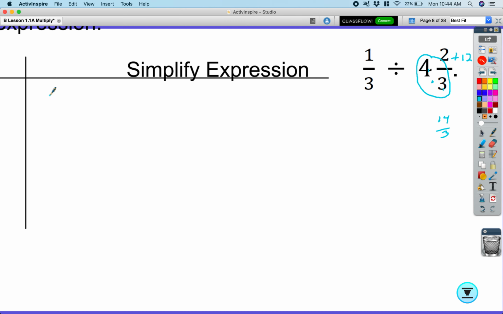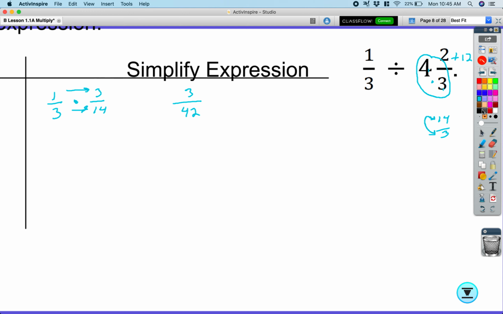So very first step, the first fraction stays the same of 1 over 3. Division turns to multiplication. And my 14 over 3, we're actually going to flip it to get 3 over 14. From there, I just multiply straight across. And this would give me 3 over 42.